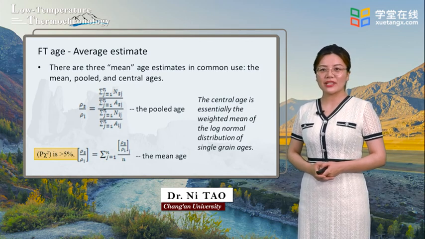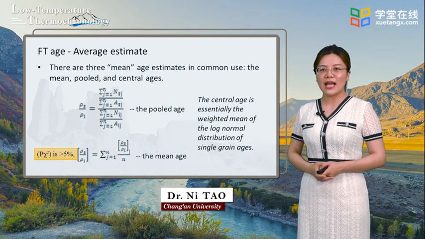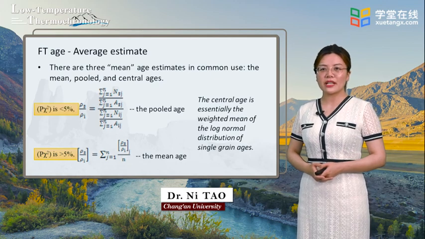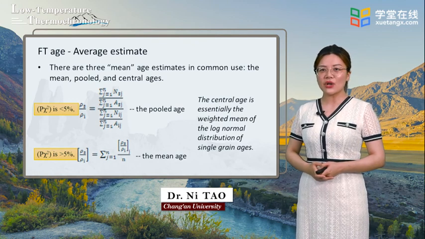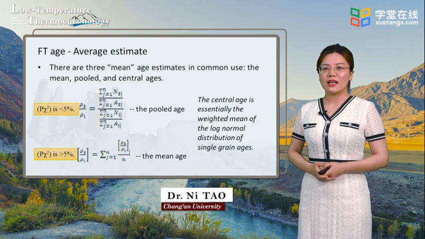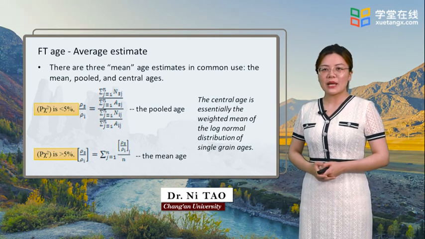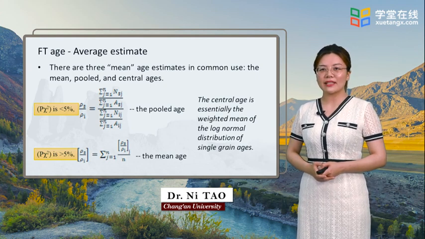When the variation in the count population is consistent with a Poisson distribution, and the probability of chi-square is larger than 5%, all dated grains are related to a single age, and then all three age estimates are essentially the same. Overall, the central age is the preferred sample age estimate, as it is more robust to outliers and non-Poissonian variations.